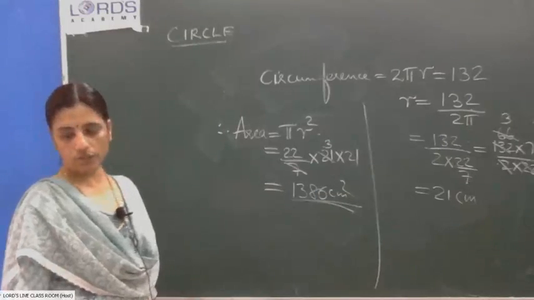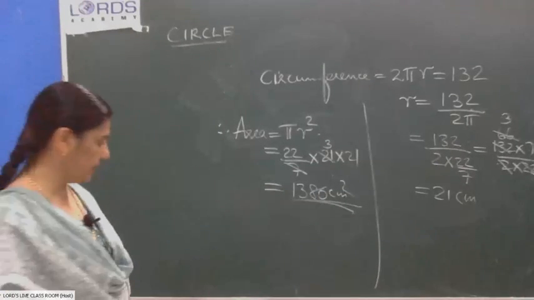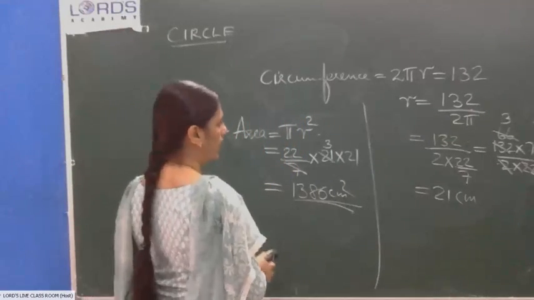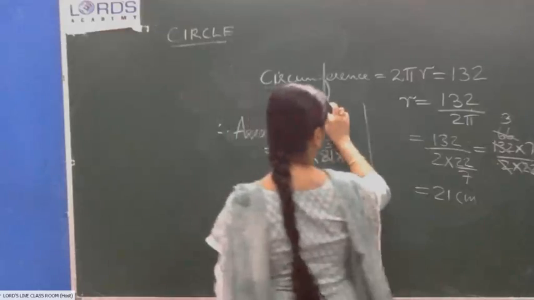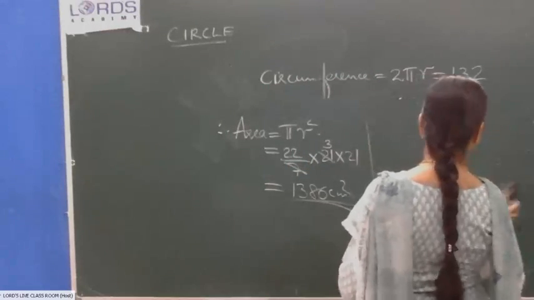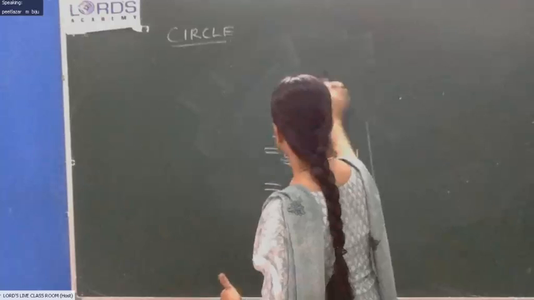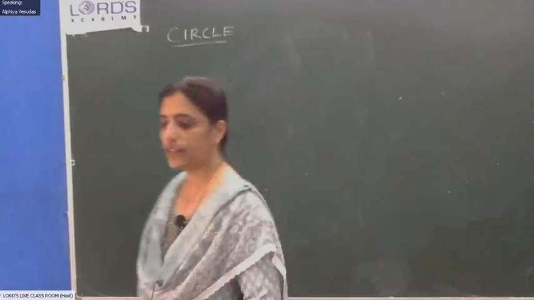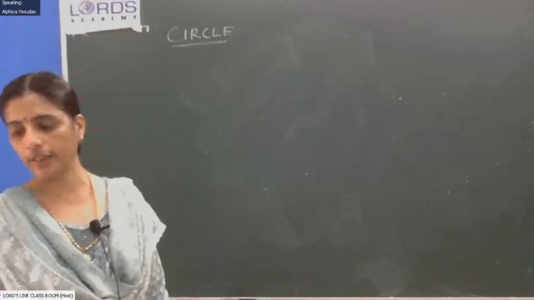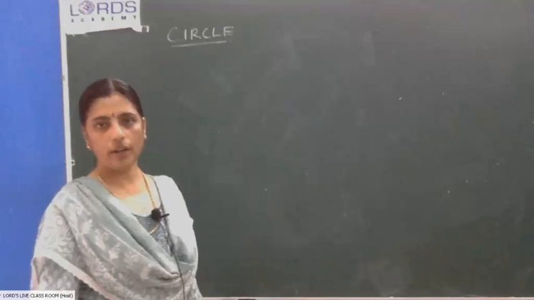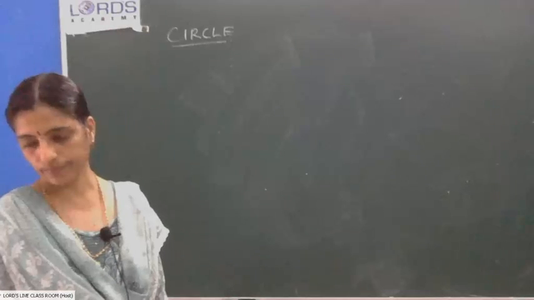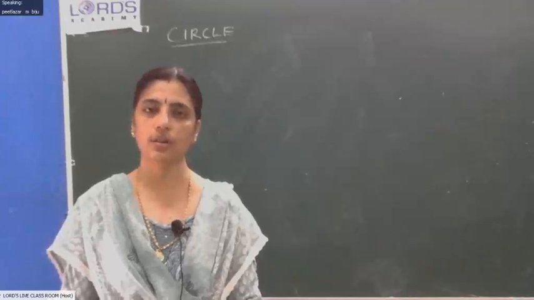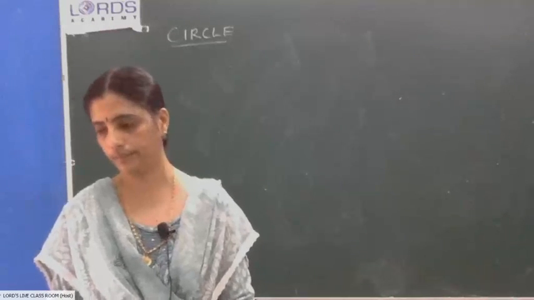Find the circumference of the circle whose area is 24.64 meter square.